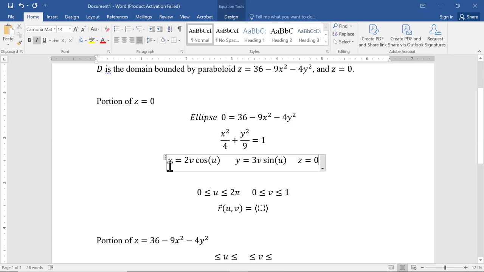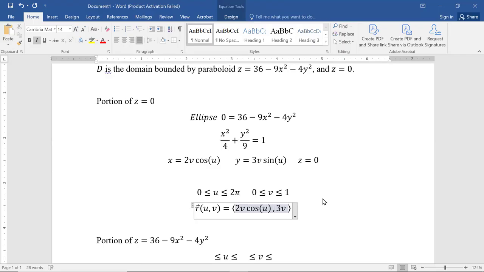So now we've filled that interior portion of the ellipse. 2v times the cosine of u is my x component. 3v times the sine of u is my y component, and my z component is 0. Hopefully that all makes sense.